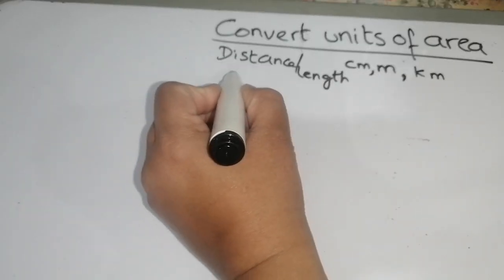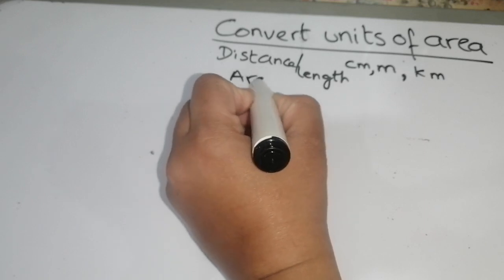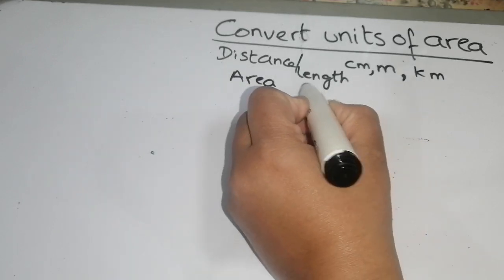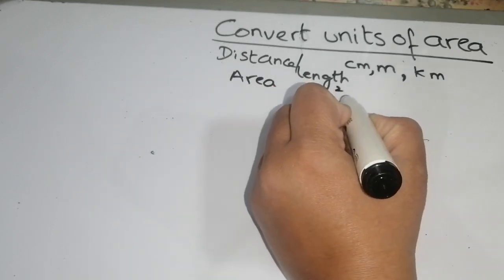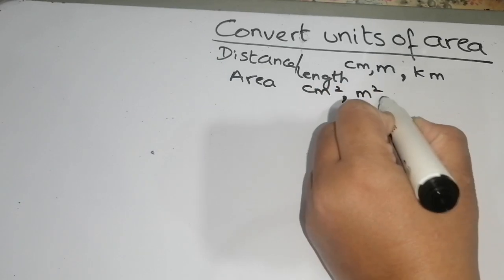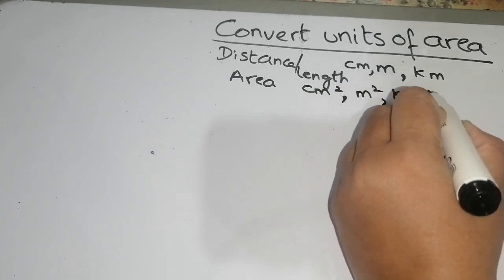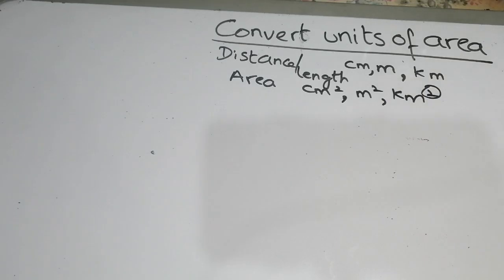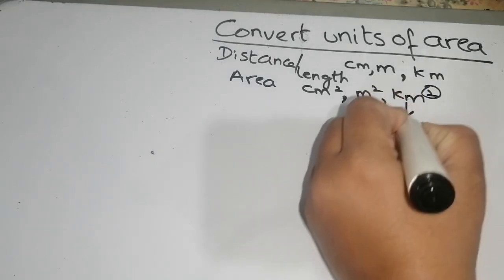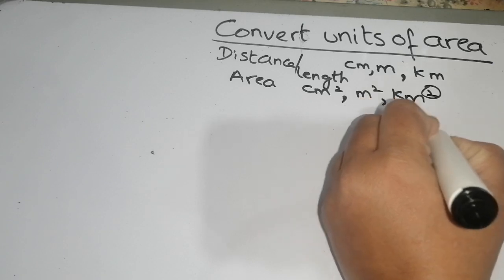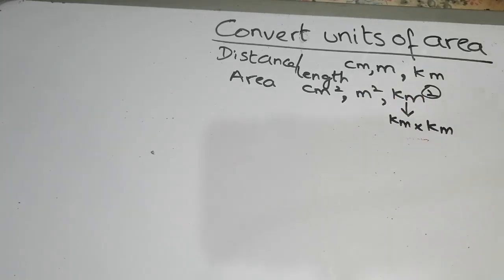Now the units of area are centimeter square, meter square, kilometer square. The square here shows that kilometer is multiplied by itself two times. It is kilometer multiplied by kilometer. Now remember the index notation we talked about.